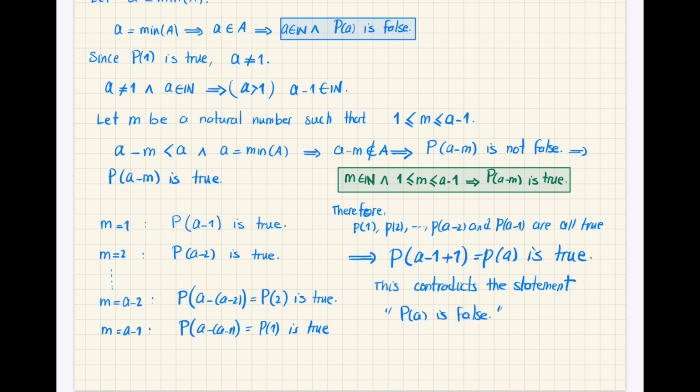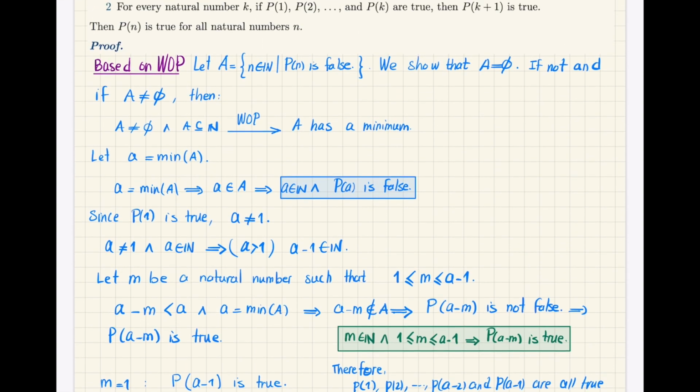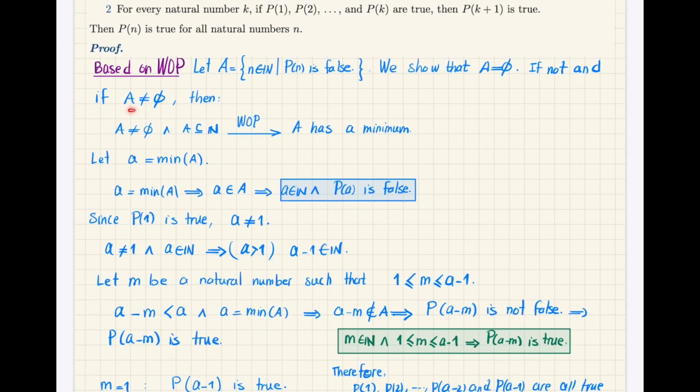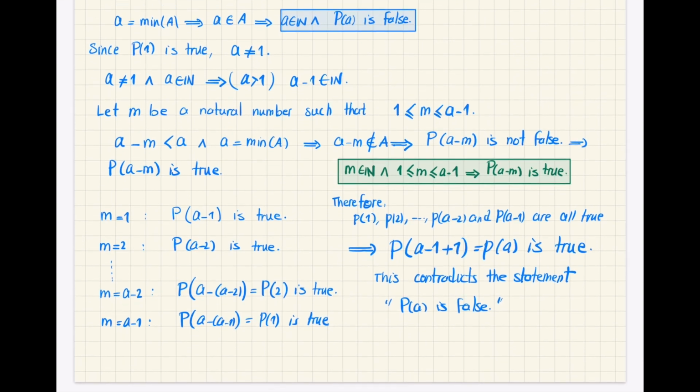So this assumption that we made, namely that A is not empty, is not possible. So it means that A is the empty set.